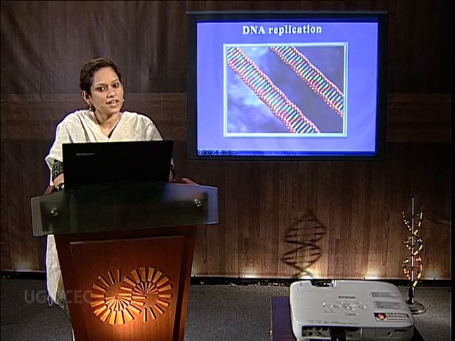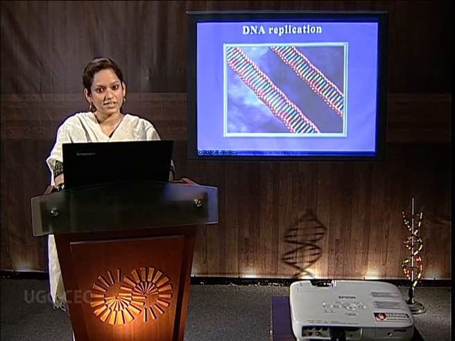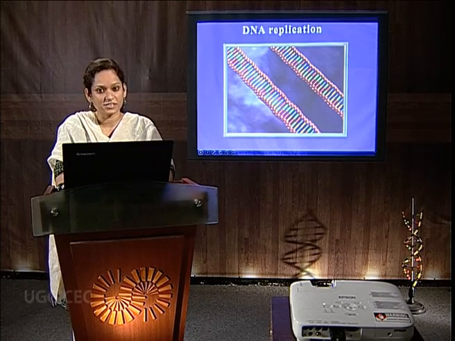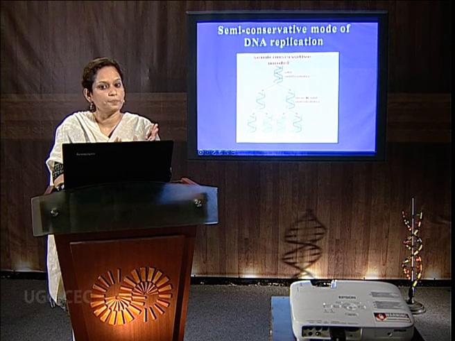I think you must have enjoyed this video, and it will be very interesting when you study the mechanisms in more detail. So let us now proceed to the detailed mechanism. Before that, let us first know what the semi-conservative mode of DNA replication is. It means that the two strands of the DNA double helix unwind to form the DNA template.